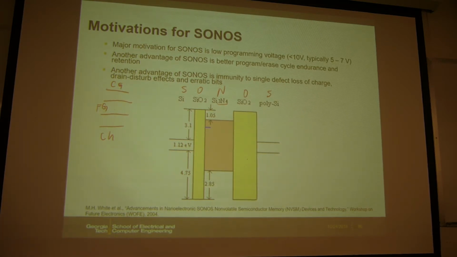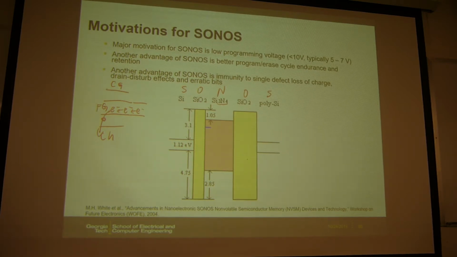So this charge will be kind of uniformly distributed across the floating gate. So the electrons can move in the floating gate case. And if you have a leakage path, for example, you have a trap or defect here, and then one electron leaks out, the other electrons may follow the same path, because the electrons can move in the floating gate, because it's polysilicon. You know, polysilicon is kind of conducting.